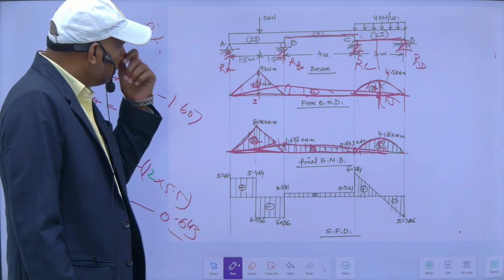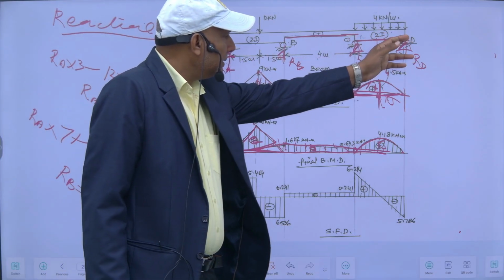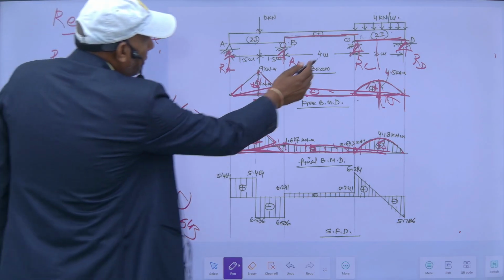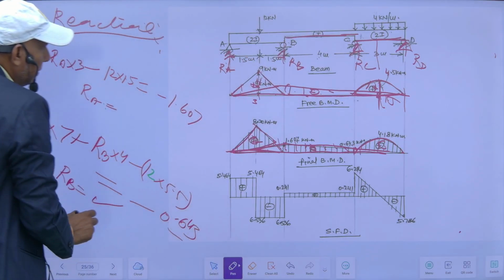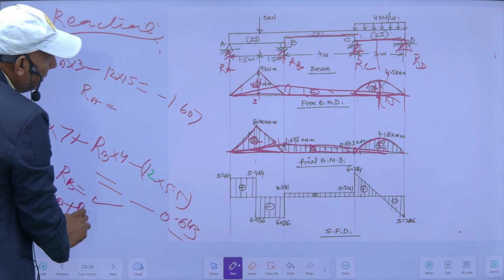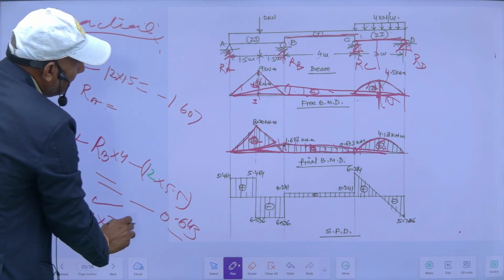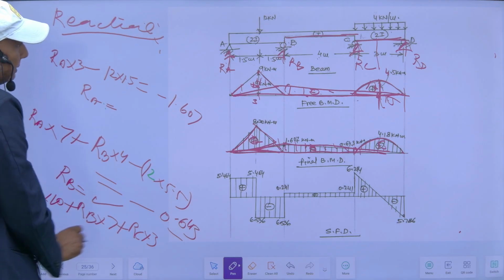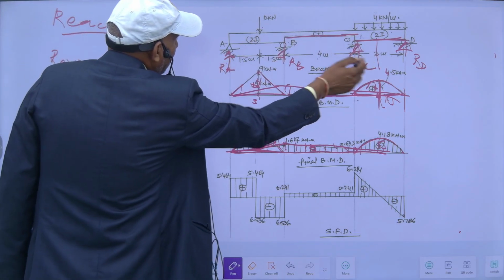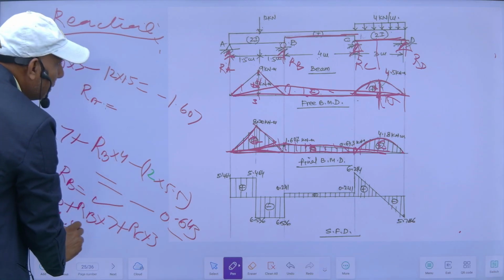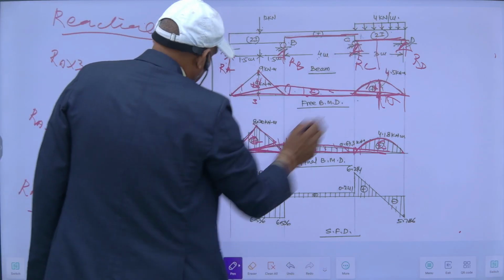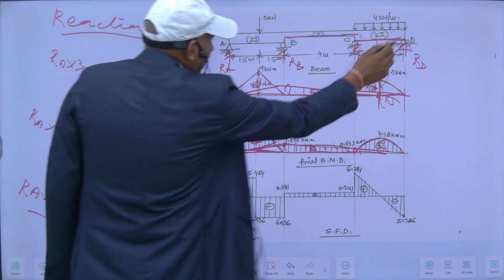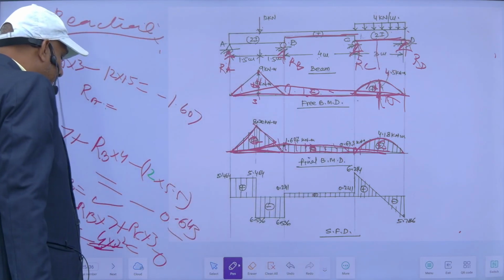Suppose I want to take the moment at D, it will be RA into 4 plus 3, 7 plus 3, 10, plus RB into 7 plus RC into 3, minus 4 into 3 square by 2, and that should be equal to this moment, which is 0. So this way I can find RC.